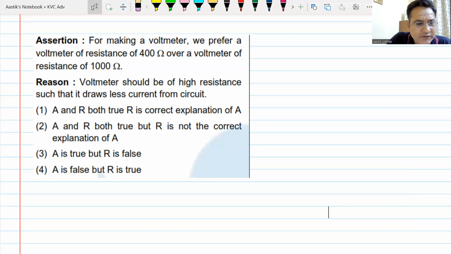First one is correct, second one is false. For an ideal voltmeter, what should be the resistance? Zero, sir. Well, what about an ammeter? What should be the resistance of an ideal ammeter? Infinity.